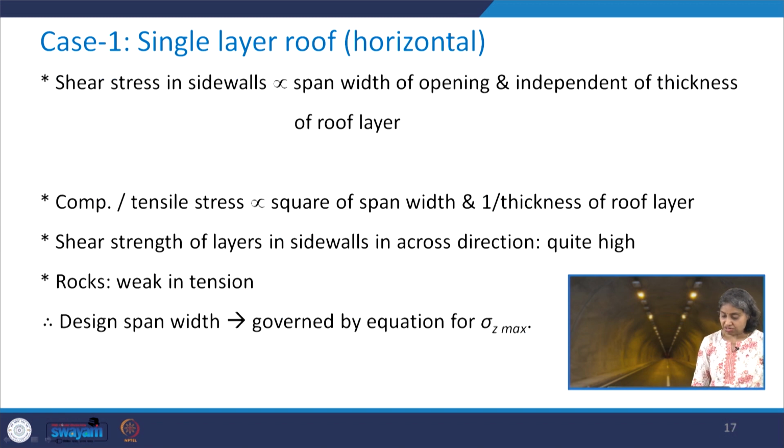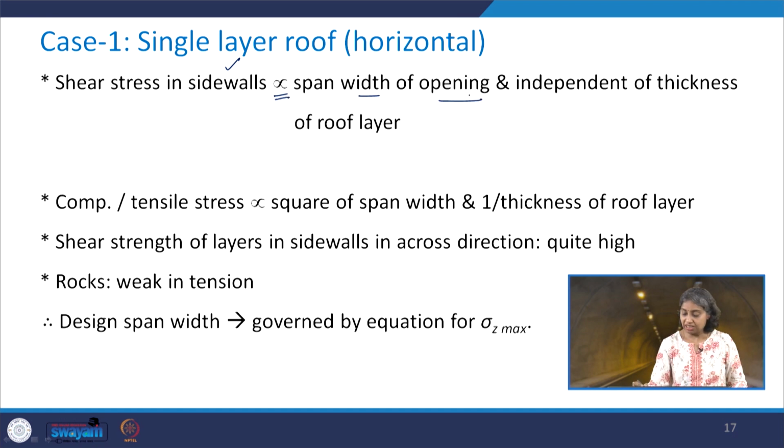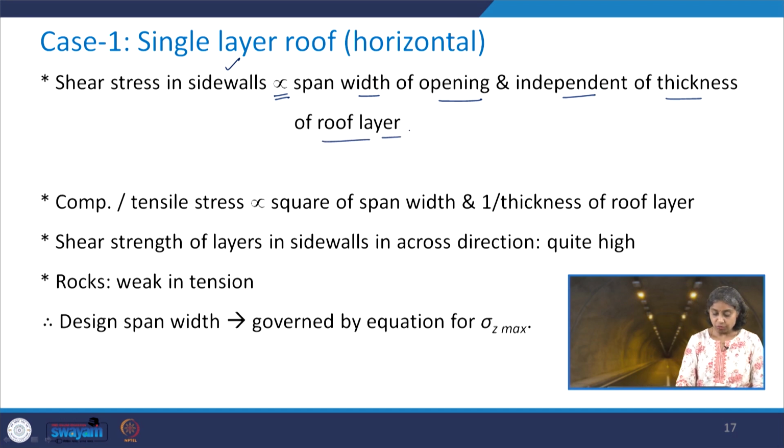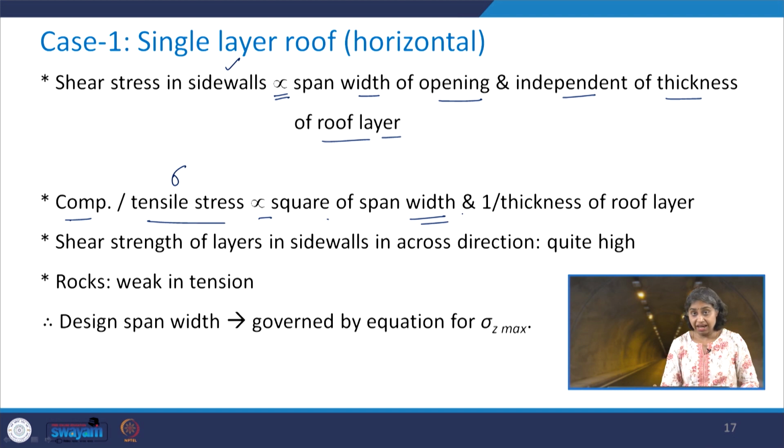If we take a look here, the shear stress in the side walls is proportional to the span width of the opening, and it is independent of the thickness of the roof layer. And the compressive or the tensile stress, which is the sigma value, is proportional to the square of the span width and inversely proportional to the thickness of the roof layer.